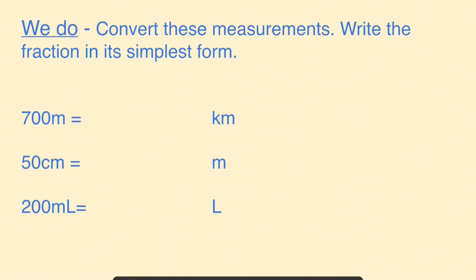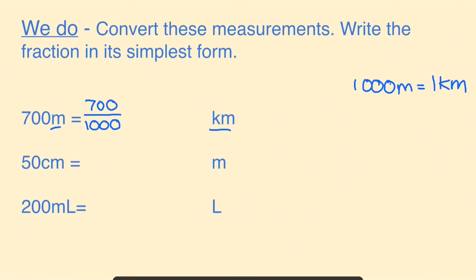Next, let's have a look at converting some measurements. I know that if I'm converting from meters to kilometers, there are 1,000 meters in 1 kilometer. So initially, what I'm saying is that 700 meters represents 700 out of 1,000 meters needed to make 1 kilometer.